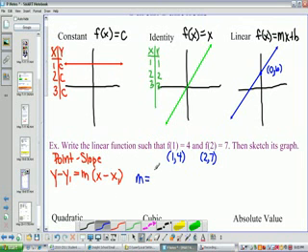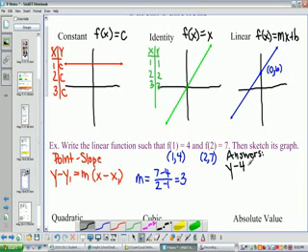So to review, slope is rise, which is subtract the y's, over run, subtract the x's. So slope is 3. So your answers could be y minus the y coordinate equal to the slope times x minus the x coordinate, or y minus the y coordinate equal to the slope times x minus the x coordinate for that second point.